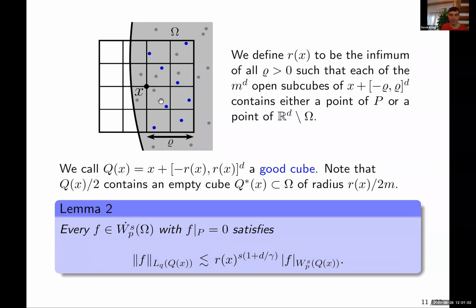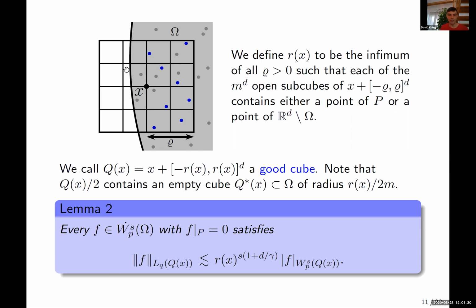And we get something which we call a good cube. So we take the cube around the given point x, which we call q of x, which has the smallest possible radius such that in every one of these subcubes is a point of the point set, or a point which lies outside the domain. Why is that? Because we consider functions from this space which vanish outside omega.